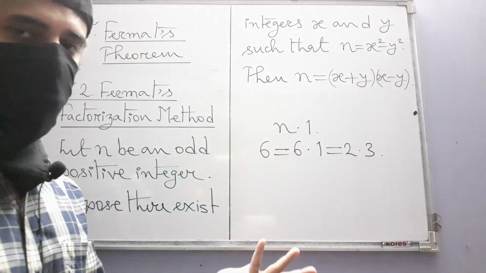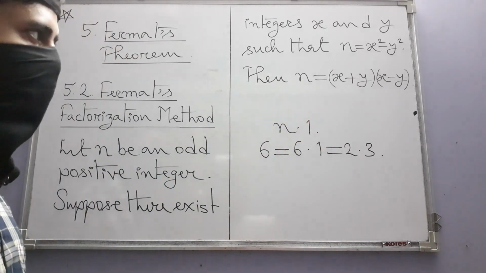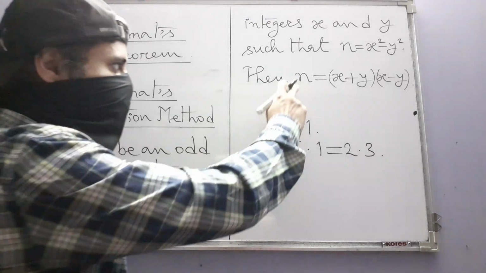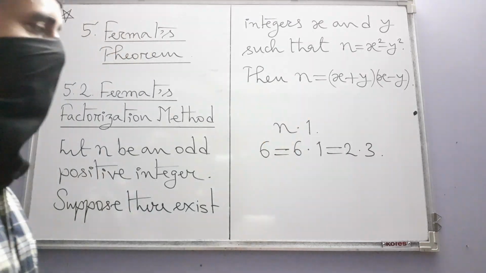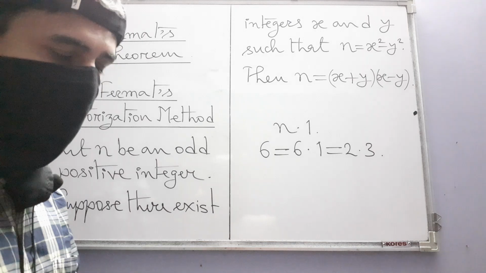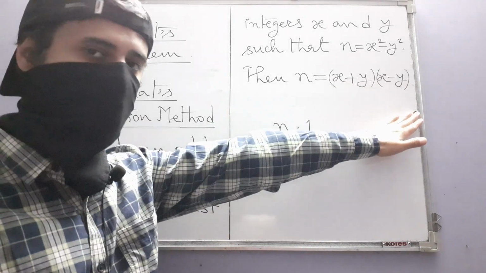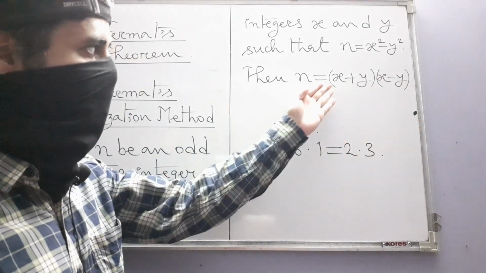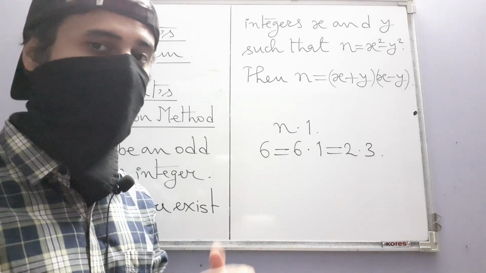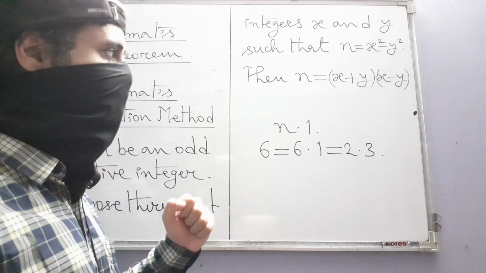This may actually be the trivial factorization, who knows, and it will be if n is prime. But if n is composite, then also it may be the trivial factorization. That will entirely depend on what x and y actually are for that given n.